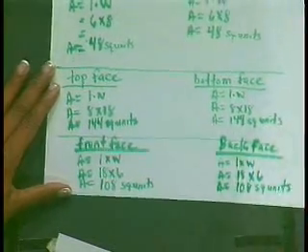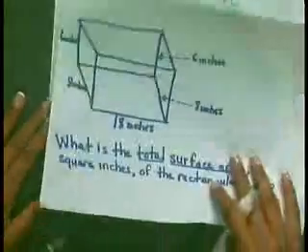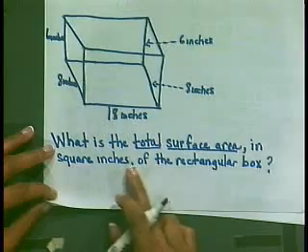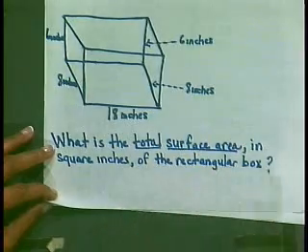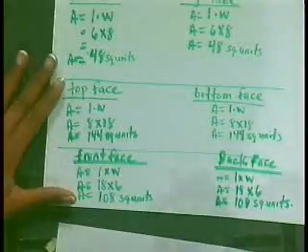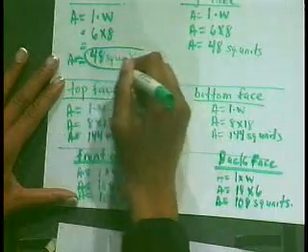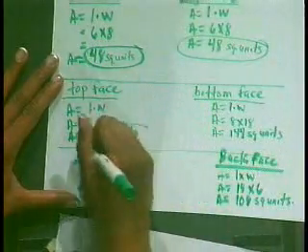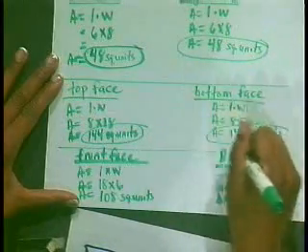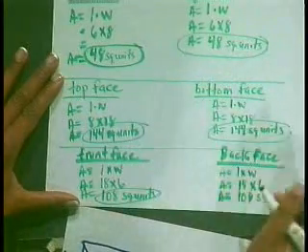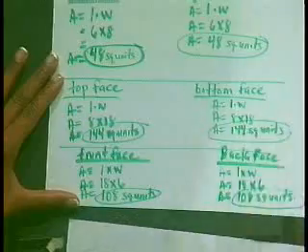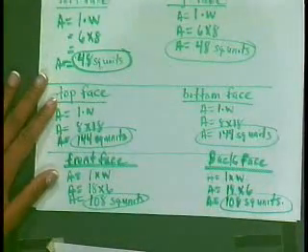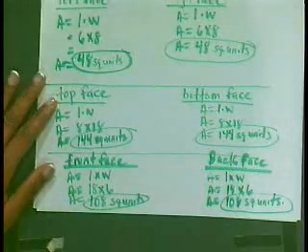Now, if we go back to our question, it says, what is the total surface area in square inches of the rectangular box? So we circle the area for the left, right, top, bottom, the front, and the back. If we add all these numbers up, that's going to give us our total area for our rectangular prism.